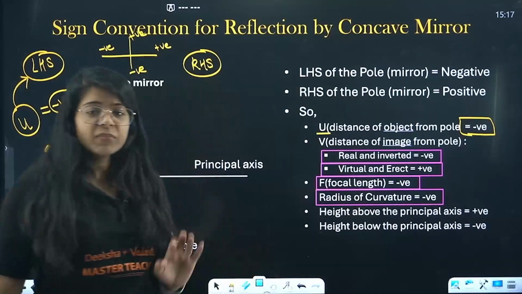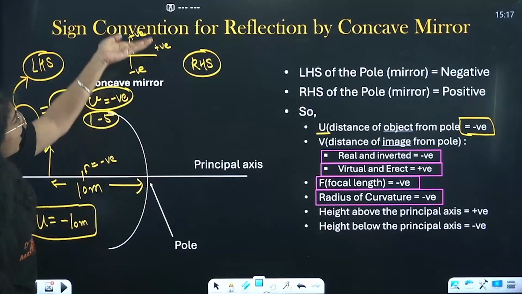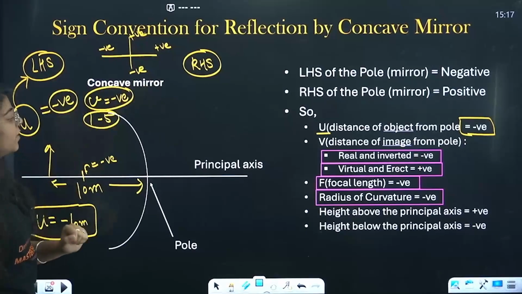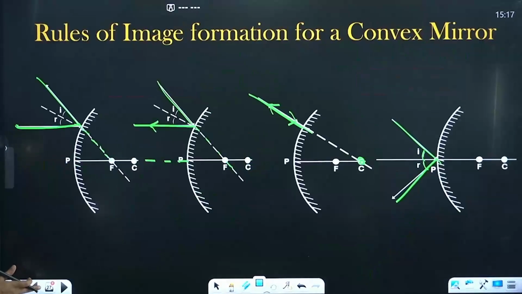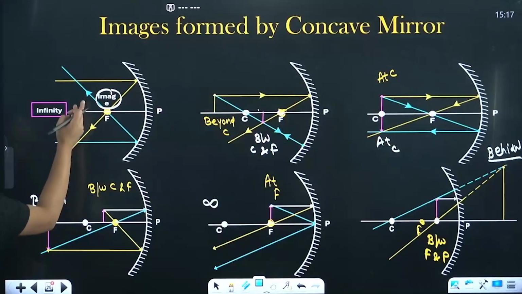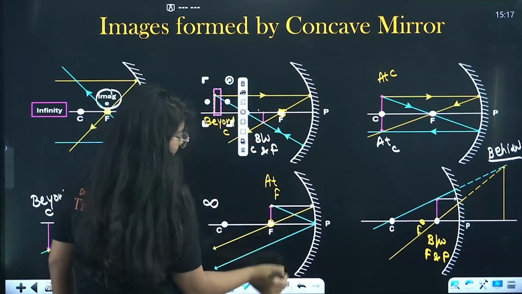Done? One more thing, if this is the principal axis, above we have positive, below we have negative. Now if we see in all the cases of mirror, all these objects were above the principal axis. So all the objects are above the principal axis, right?